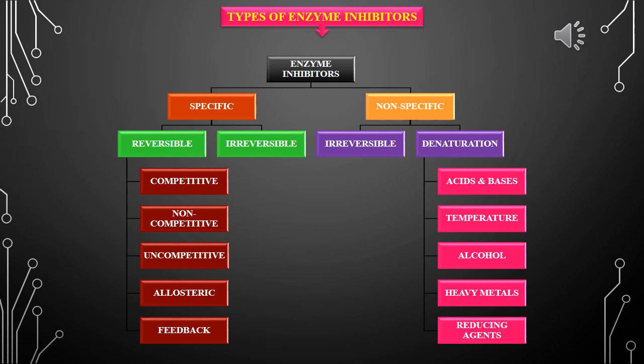Reversible specific enzyme inhibitors are competitive, non-competitive, uncompetitive, allosteric and feedback inhibitors. These are the most important inhibitors in the clinical field. Non-specific enzyme inhibitors that inhibit enzyme action include acids and bases, temperature, alcohol, heavy metals and reducing agents.